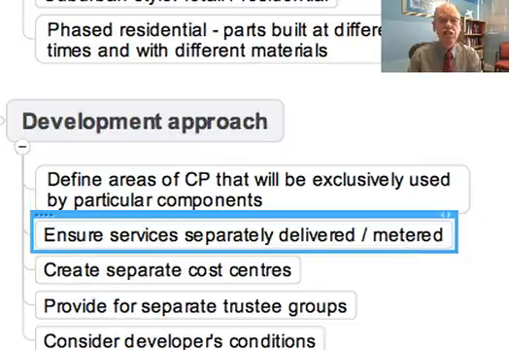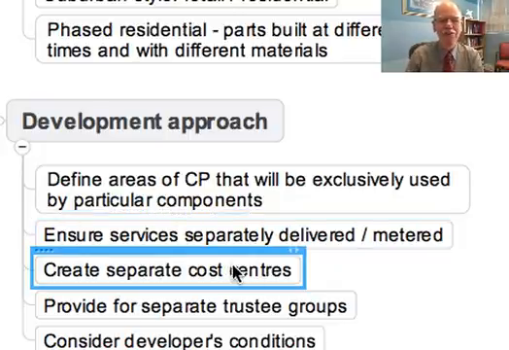You are also ensuring that the services are either separately delivered in terms of the systems that exist to deliver them, or that they're separately metered at the critical points defined by who's paying what cost. And you create separate cost centers. In your rules, you make a provision that this thing won't be run as one sectional title scheme.